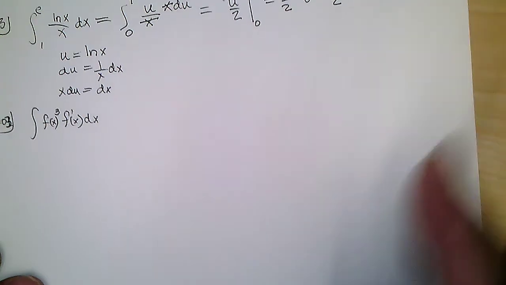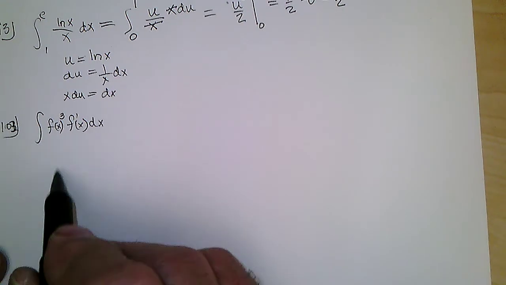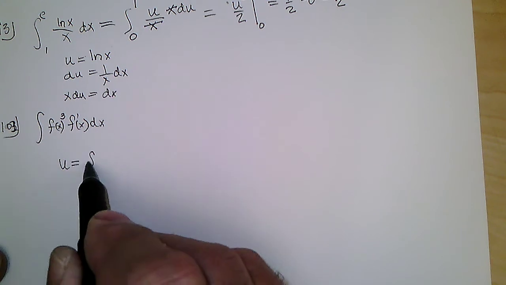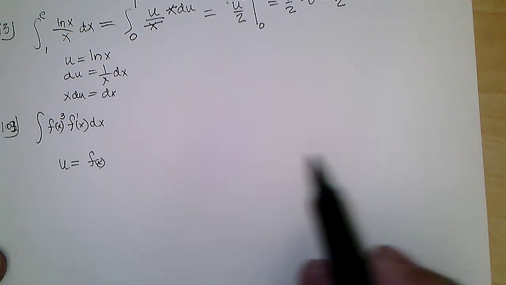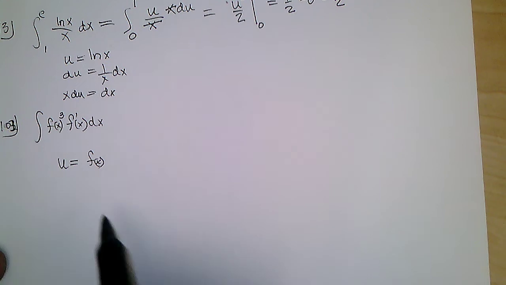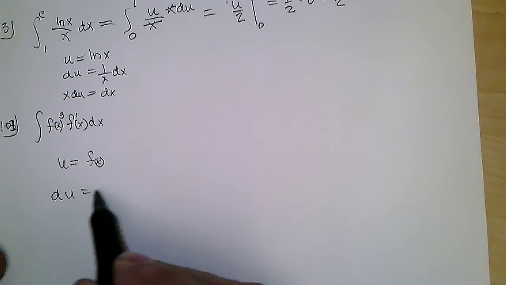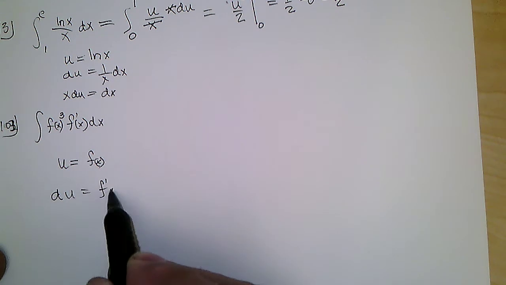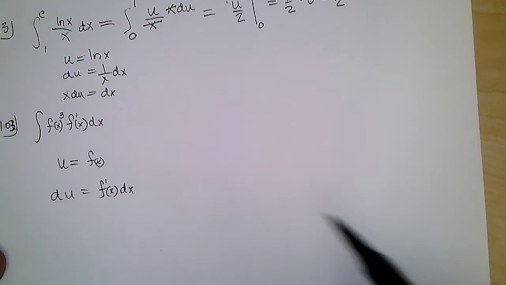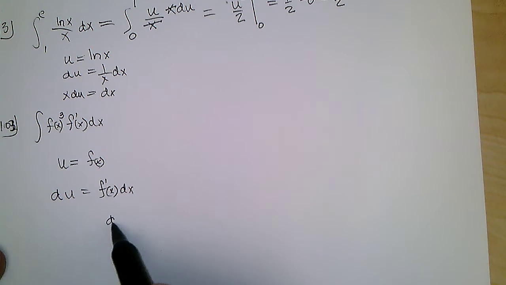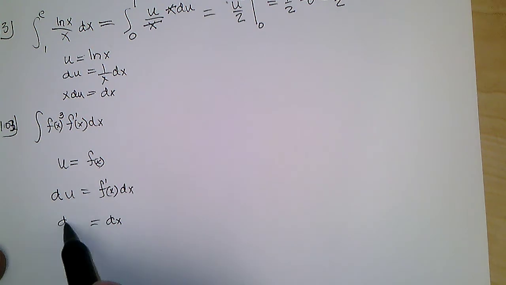And 103. So if we let u equal f of x, we have no idea what f of x is, but if we let u be that, du would be f prime of x dx. Solving for dx, it's du over f prime of x.